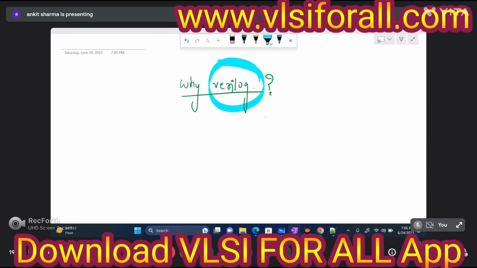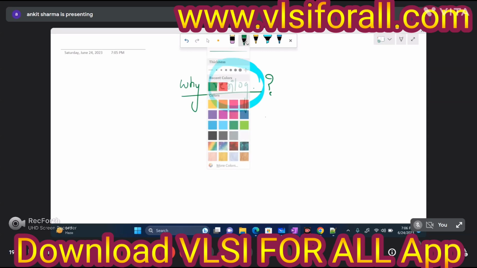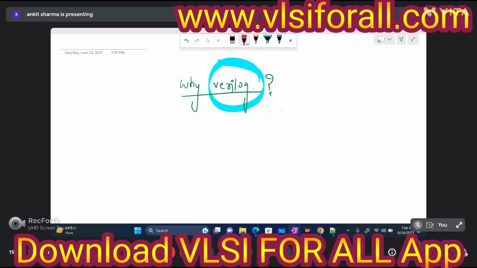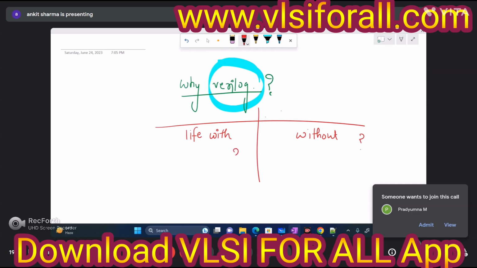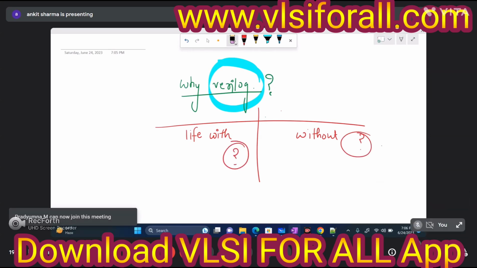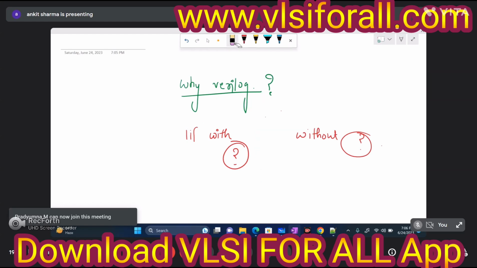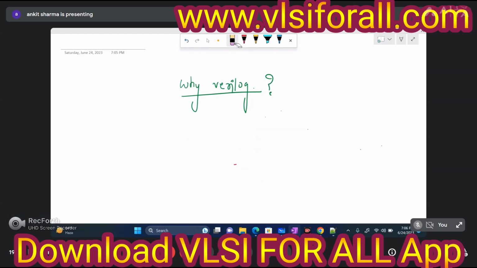So what is special in it? What is the requirement? Is there something that cannot be done without it? That means life with Verilog and without Verilog. So first you should know these things. First of all, we will see the answer to this question.